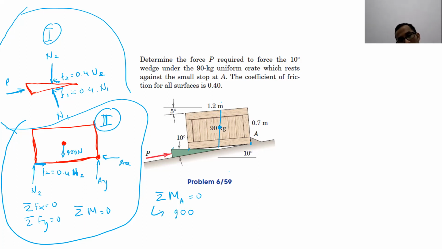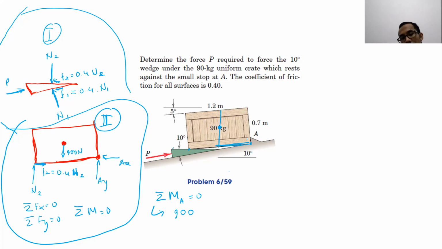Cos 5 degrees. Why suddenly cos? Not sure, sir. Oh, because this one, right? You have to find this distance, right? Yes. How can we find that distance?